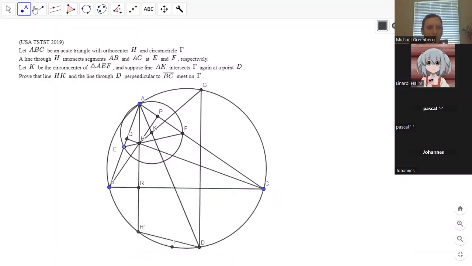Oh, really? Yeah, it's just that AK and the altitude of AEF are isogonal, and so we have the parallel. Yeah, these two are isogonal, so since this is the center, this has to be perpendicular.